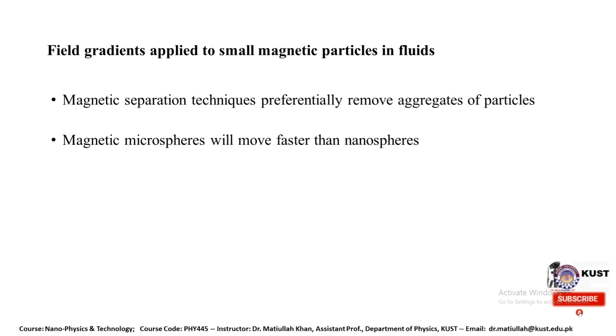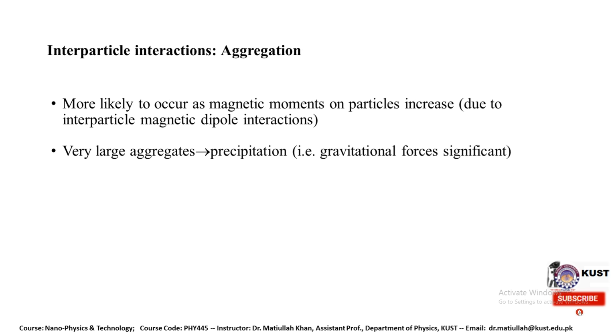So what would happen when a field gradient is applied to small magnetic particles in fluid? Magnetic separation techniques proficiently remove aggregates of particles. Magnetic microspheres will move faster than nanospheres.